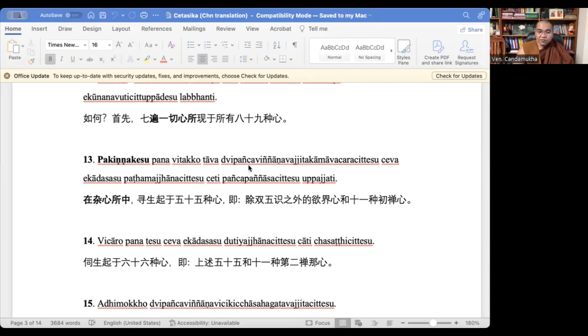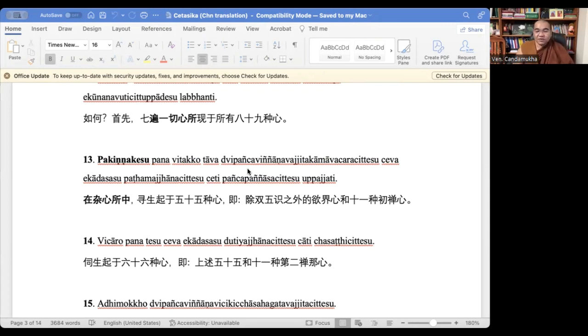In the Dvipancavinnana Cittas, like the eye consciousness, Vitakka is not necessary. Naturally Vitakka has no role to play there, because when the visible object and eye sensitivity come into contact, there is nothing to think about, what is this or what is that.